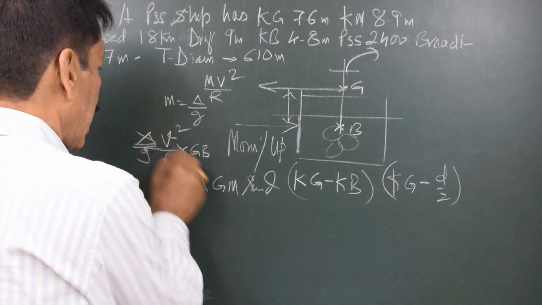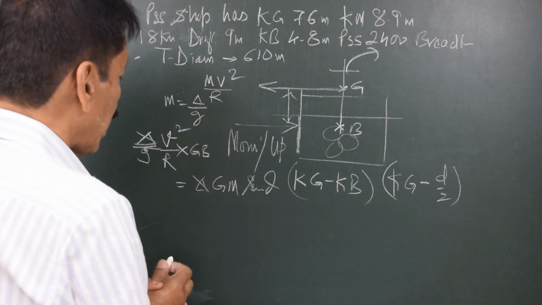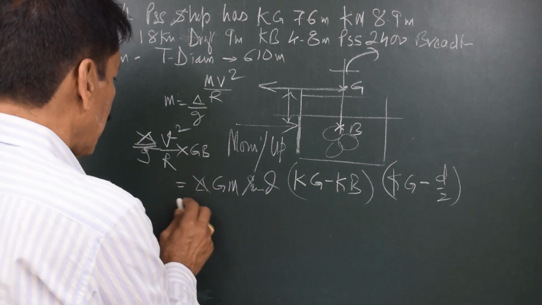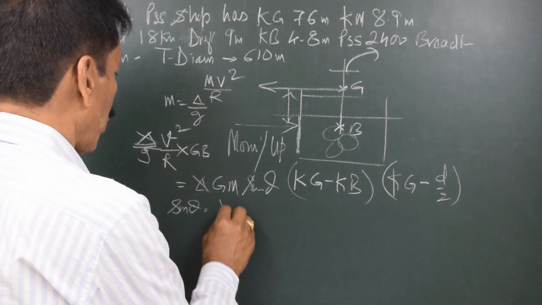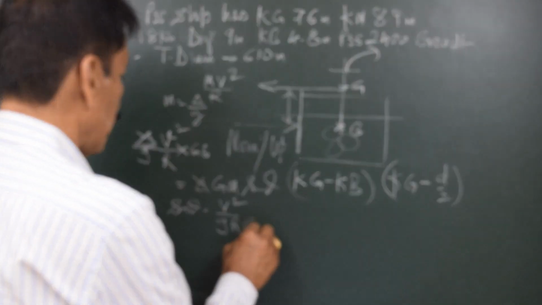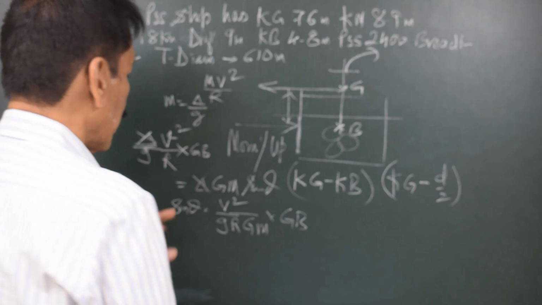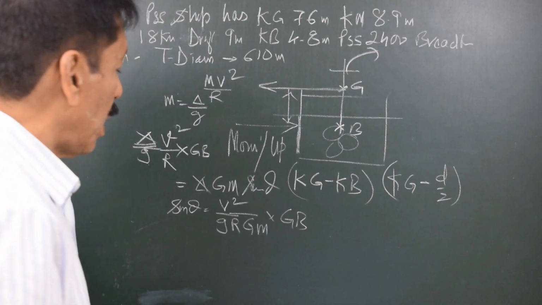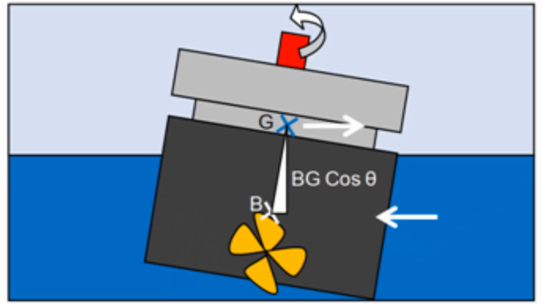So delta gets cancelled, and the resultant we get is sine theta equal to v square upon g r GM multiplied by GB.